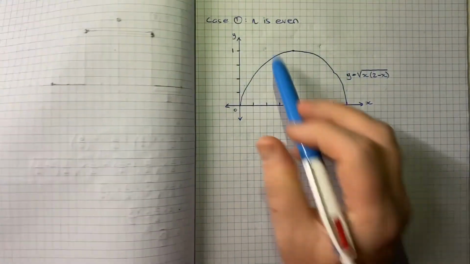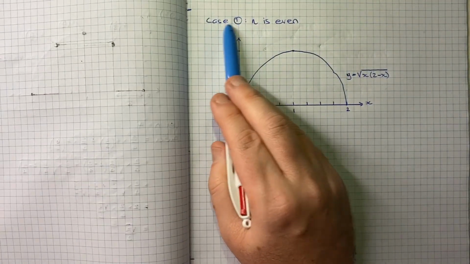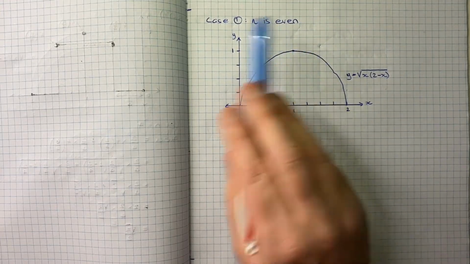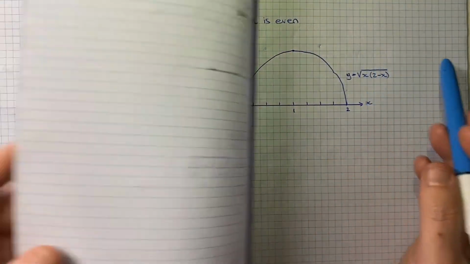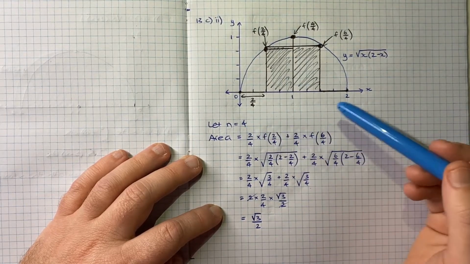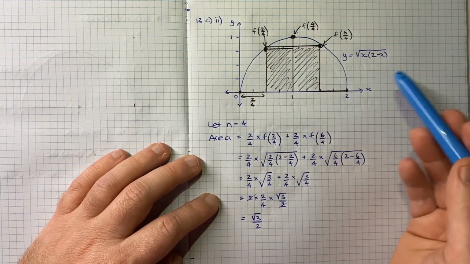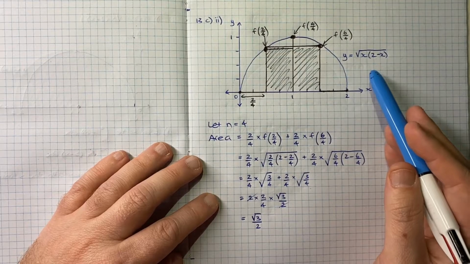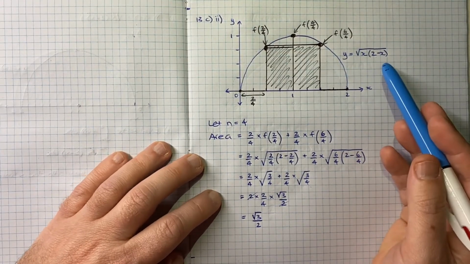But what we want to do now is look at the whole case, I'll call it case 1, where n is any even number. So what are some of the elements of what happened when n was equal to 4 that we know will continue to happen in general for any even n?